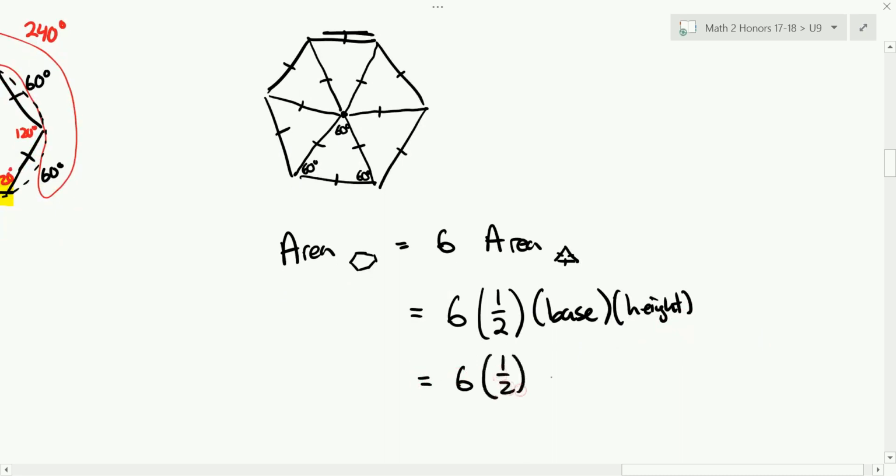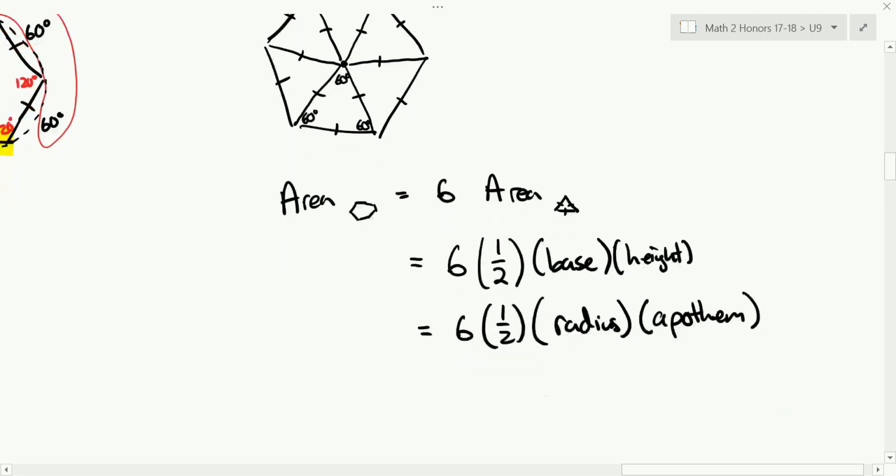The radius. And what would the height be? It's the distance from the center to the middle of the side. That's called the apothem. You don't have to memorize this, but I'm just making some connections for you. So we could say it's 3 times the radius times the apothem. We want to make the connection, right?